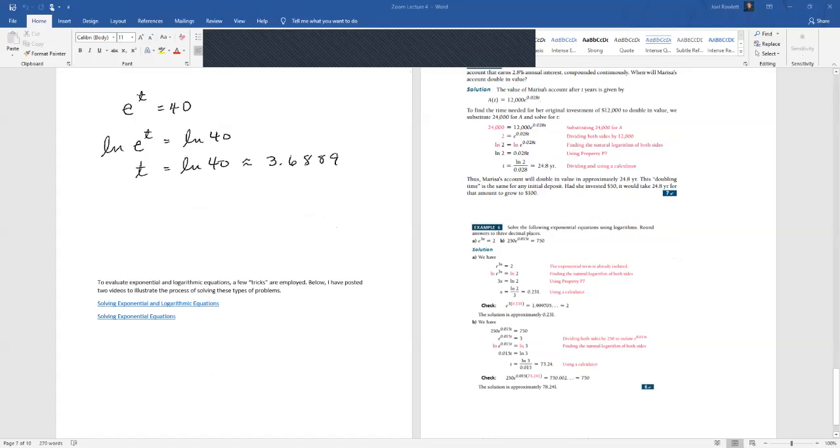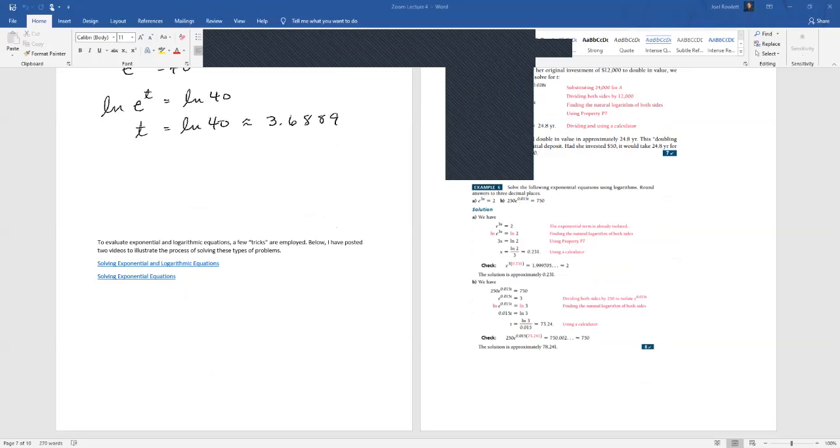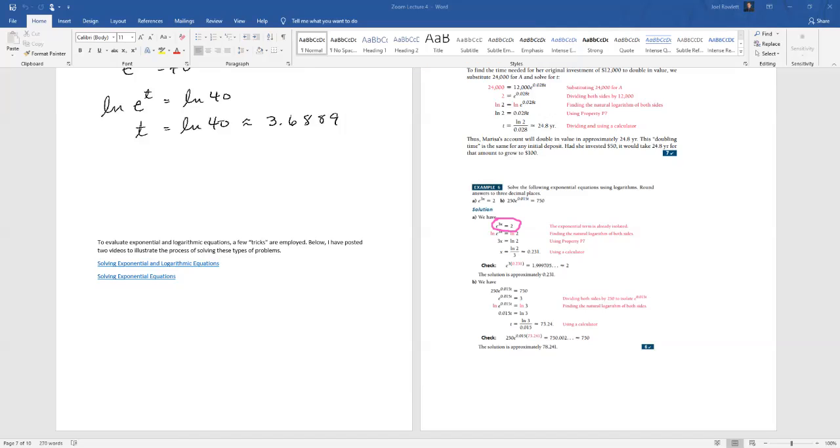Let's take another look here of how we would use ln and e together to decompose equations. On part A here, it says e to the power of 3x is equal to 2. Well, since I have an e as the base, I'm going to introduce its inverse ln on both sides.